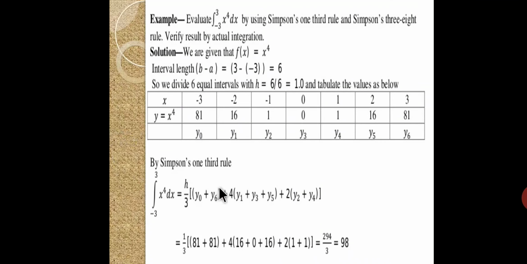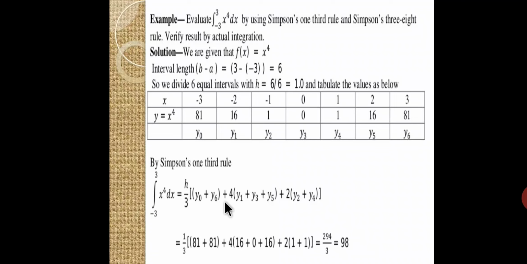So by Simpson's 1/3 rule, what is the formula? Integral from minus 3 to 3 of x power 4 dx is equal to h by 3 times the sum of the first and last ordinates. In this table the last ordinate is y6. So y0 plus y6, plus 4 into the sum of odd ordinates.